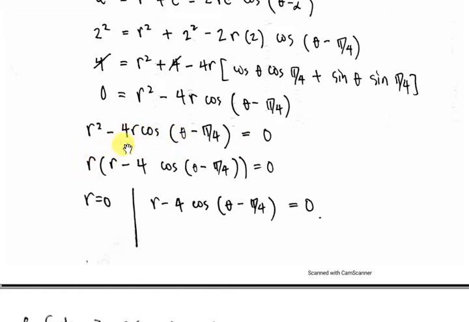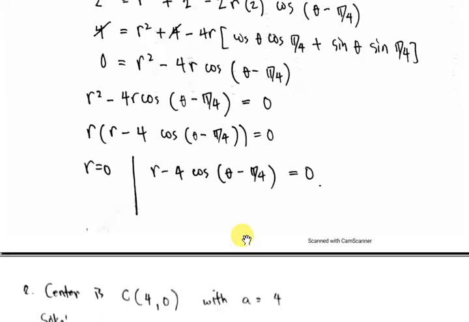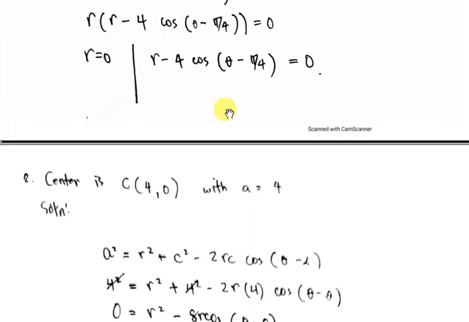Then r is common, so we factor out r. Then we have r times this one equals 0. And this implies that r equals 0, or this other equation equals 0. This is now the equation we are looking for, which is the equation of the circle.